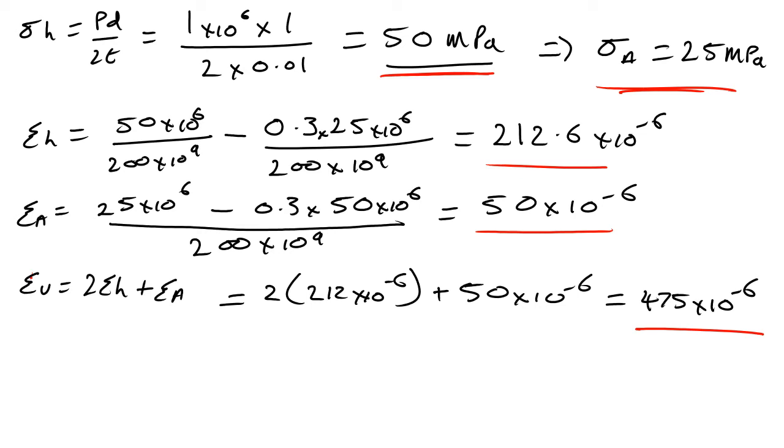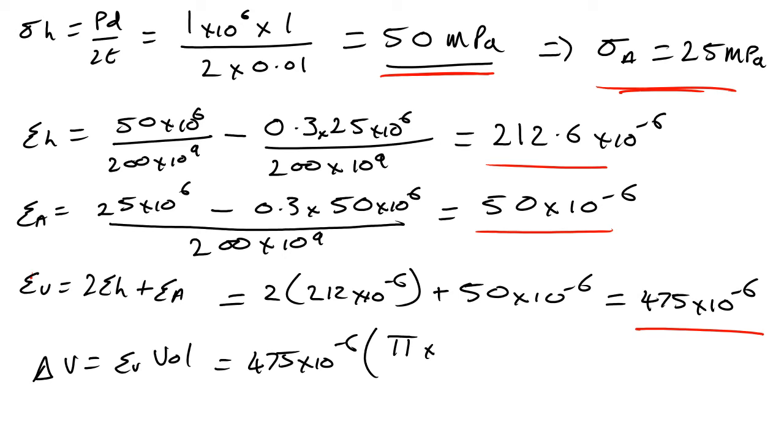Our change in volume then, delta V, is going to be our volumetric strain times the volume of the cylinder, which is going to be 475 times the volume of our cylinder. Well, the area is pi times the diameter, which is 1 squared, over 4, times the length, which was 2 meters.